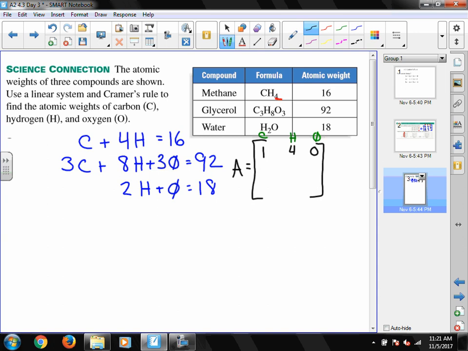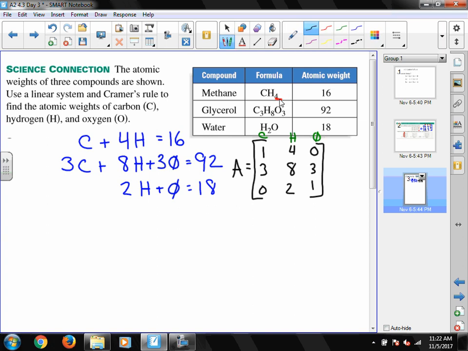Next one, I've got 3 carbons, 8 hydrogens, and 3 oxygens. And for water, I have no carbons, I have 2 hydrogens, and 1 oxygen. So remember, if you don't see a number in front of a variable, then that is going to be just a 1.